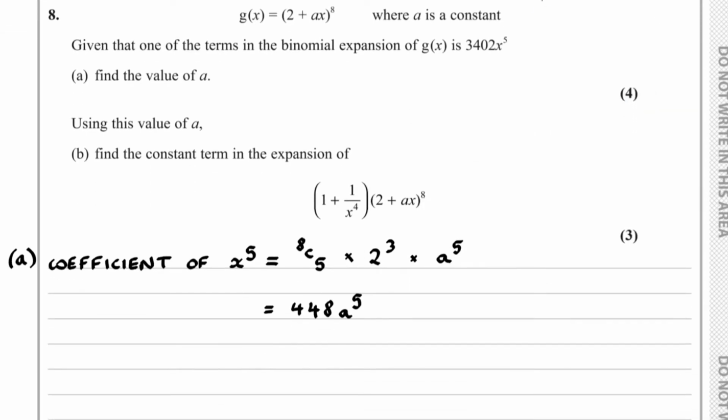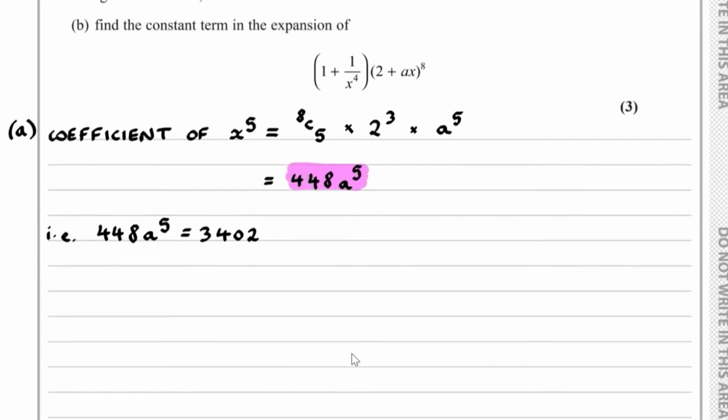And this over here, the coefficient of x to the 5, is equal to 448 a to the 5. Setting them equal to each other, we've got 448 a to the power of 5 equals 3402, and we need to find out what a is.